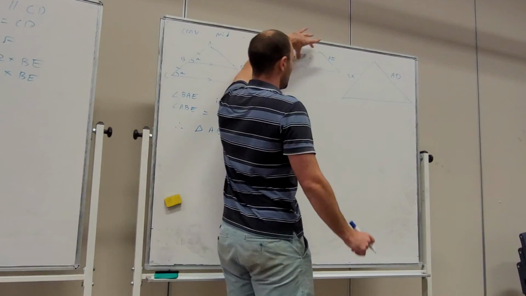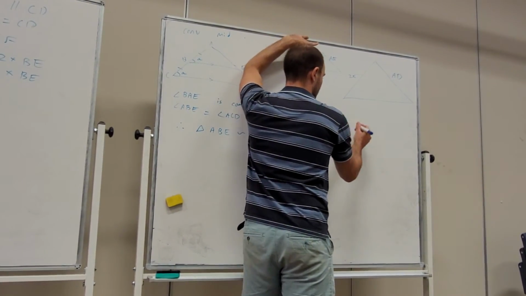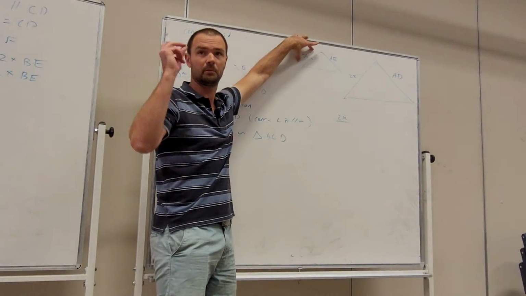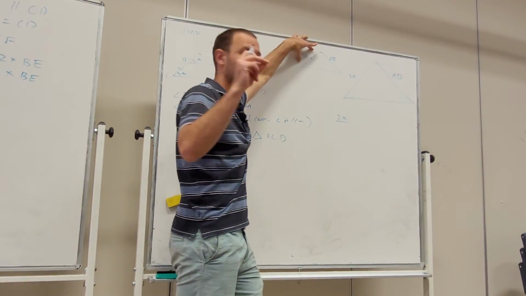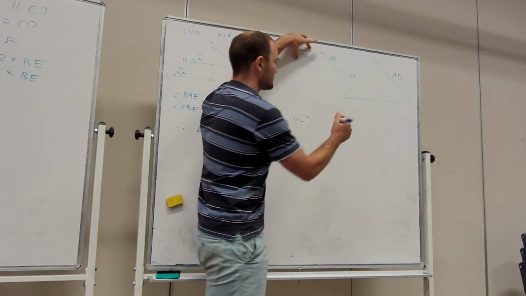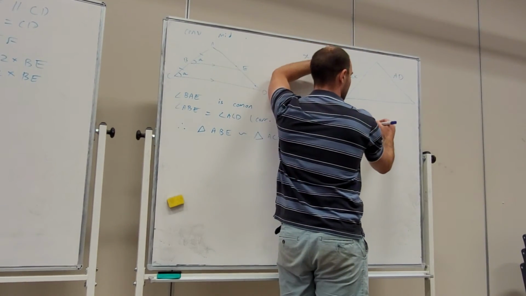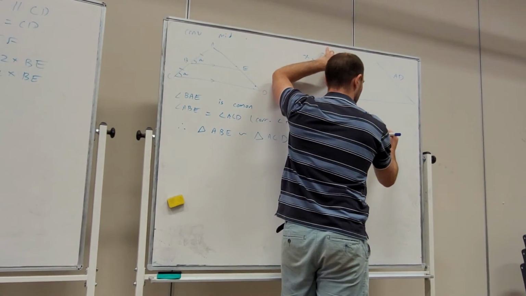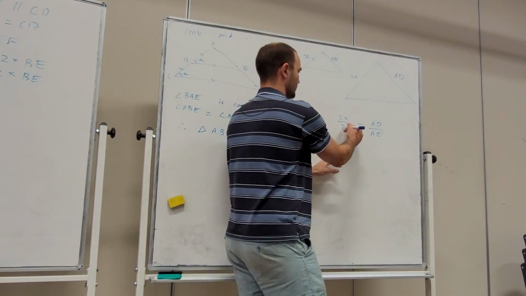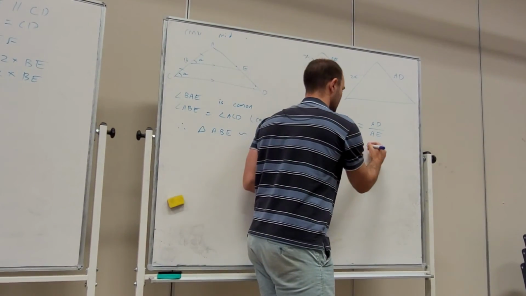And then we're just going to demonstrate 2x divided by x. We've established they're similar, so that means we can apply the rules for similar triangles. Watch here, Seb, Noah. 2x divided by x is equal to AD divided by AE. The x can cancel here. So we've got 2 equals AD on AE.